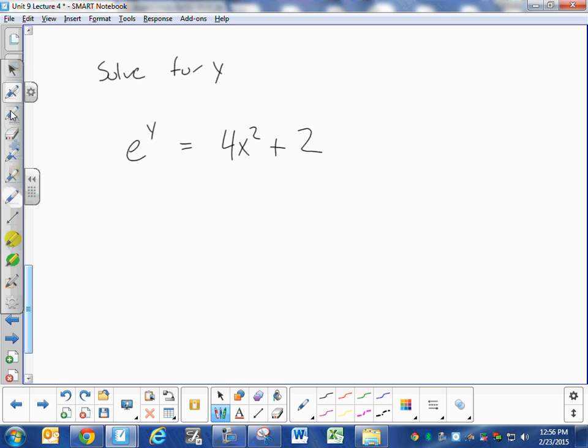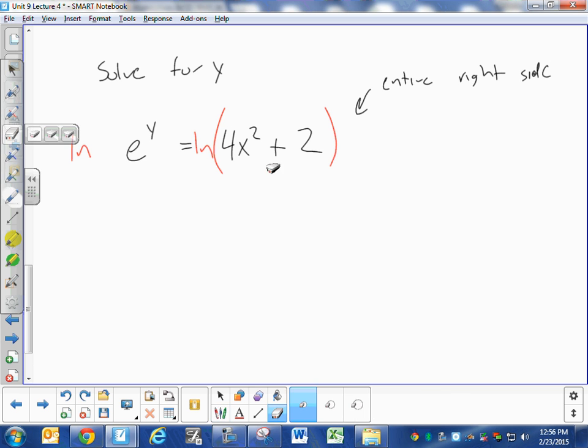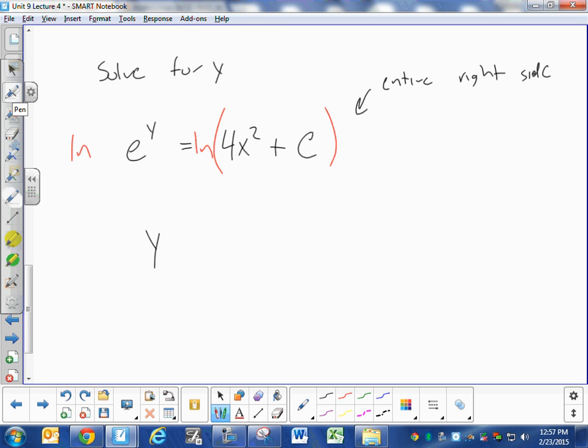Okay, for this guy, all you would do is log both sides. Now when you do it, you log the entire right side. What you'll see is that you might have a C in here. You would put the C inside the log. This would just be y is equal to the natural log of the quantity 4x squared plus c.